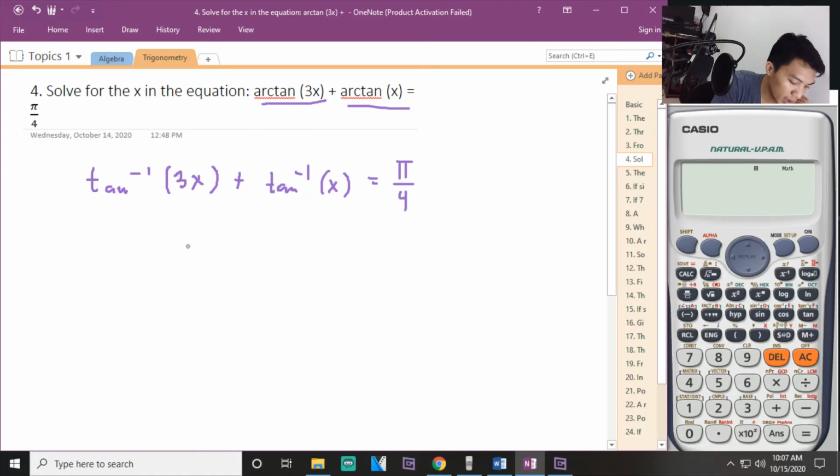Now, we let this whole term be A, and then we let this one be B. So, this will be A, B. Now, let's make tangent A equal to 3x, and then tangent B equal to x.